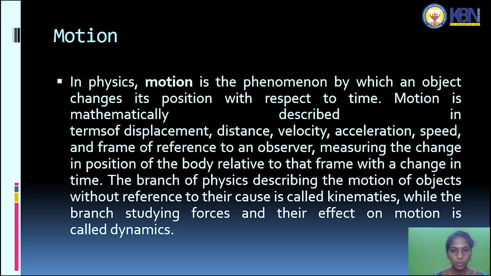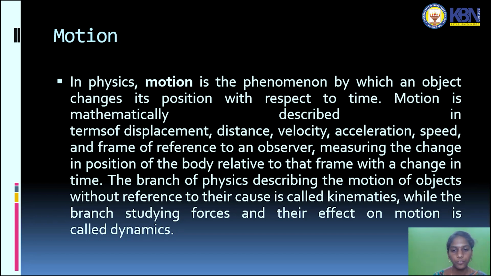In physics, motion is the phenomenon by which an object changes its position with respect to time. Motion is mathematically described in terms of displacement, distance, velocity, acceleration, speed and frame of reference to an observer, measuring the change in position of the body relative to that frame with a change in time.